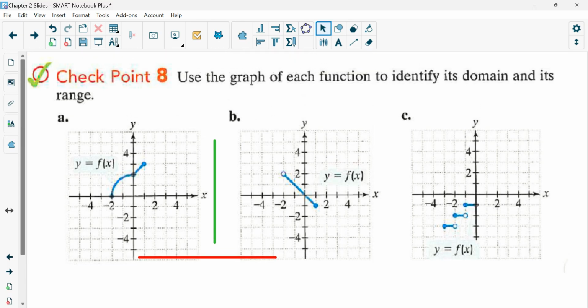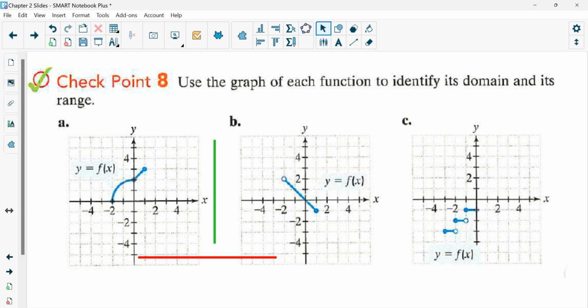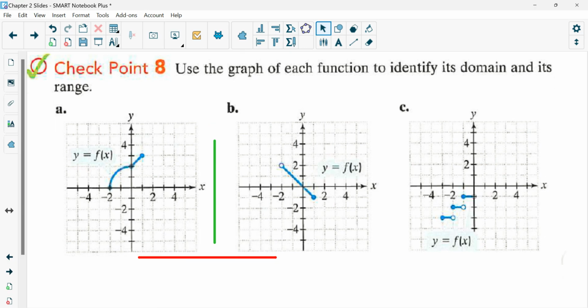for letter A, for our domain, we're saying how far to the left does our graph go?